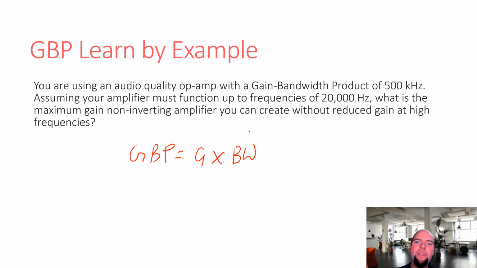Bandwidth is a term that has a lot of different meanings, but for our purposes, it means the upper frequency of operation of our signal. So in this case, we have 500,000 equals G, our gain, times our bandwidth, which is 20 kilohertz.